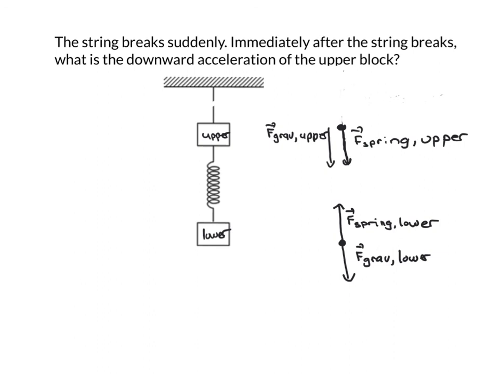And if I'm doing my addition properly, that is 19.6 meters per second squared. So the acceleration of the upper block right after the string is cut is equal to 2 times the acceleration due to gravity, which has a magnitude of 19.6 meters per second squared, and the direction is downward.